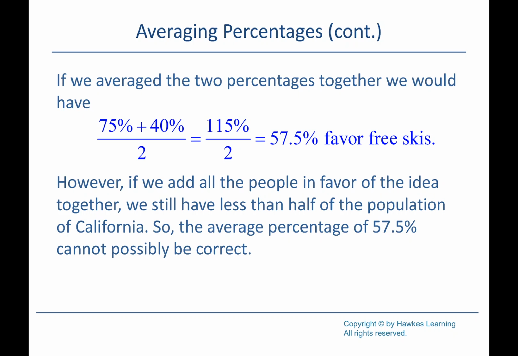We could add it together and divide by 2. That would say about 57.5% favor free skis.